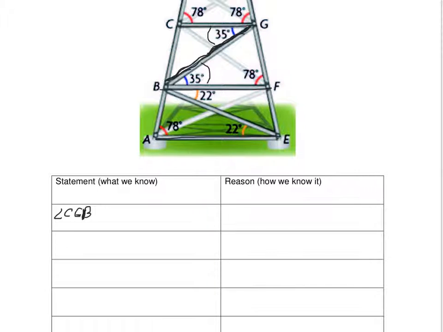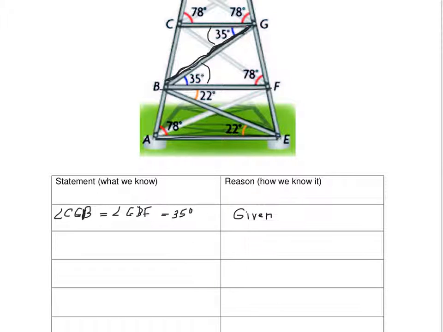So angle CGB equals angle GBF equals 35 degrees. If you want to write that in, you can. And that's given.